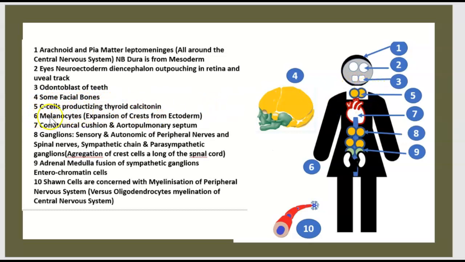Number 6, melanocytes, expansion of crest from ectoderm. Number 7, conotruncal cushion and aortopulmonary septum.